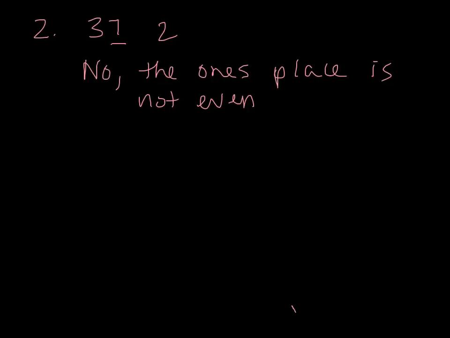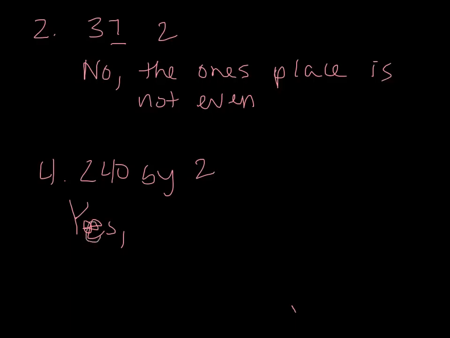Okay, what about 4? 240 by 2. So if I'm going to look at the ones place, it's a 0. Remember I said if it ends in a 0, then it is a yes. It is divisible by 2 because 0, yes, I can't write and talk at the same time.